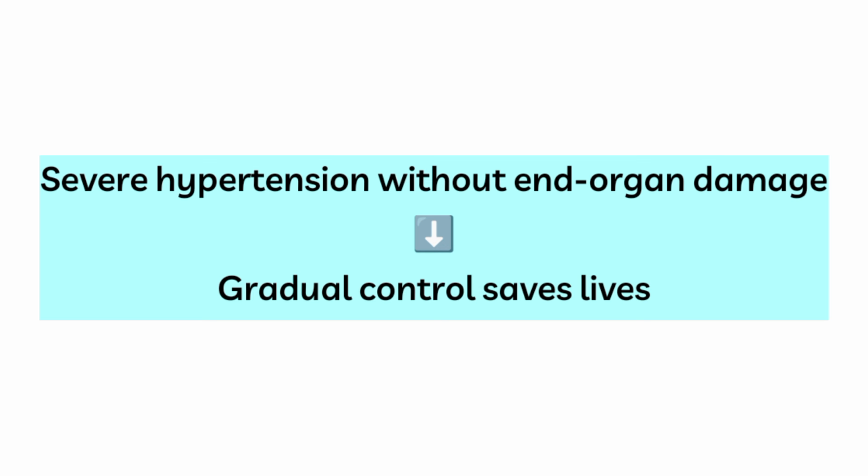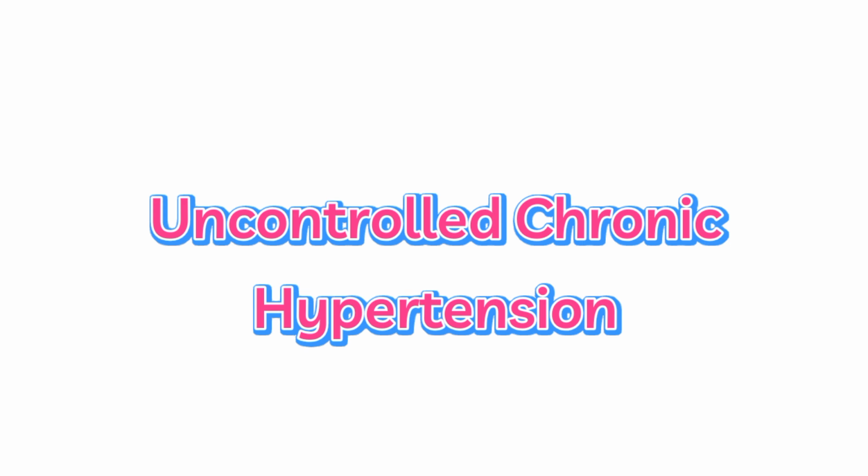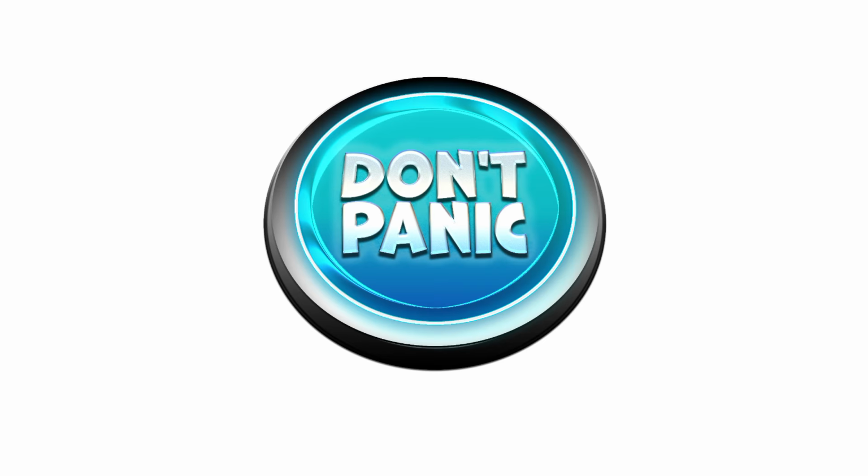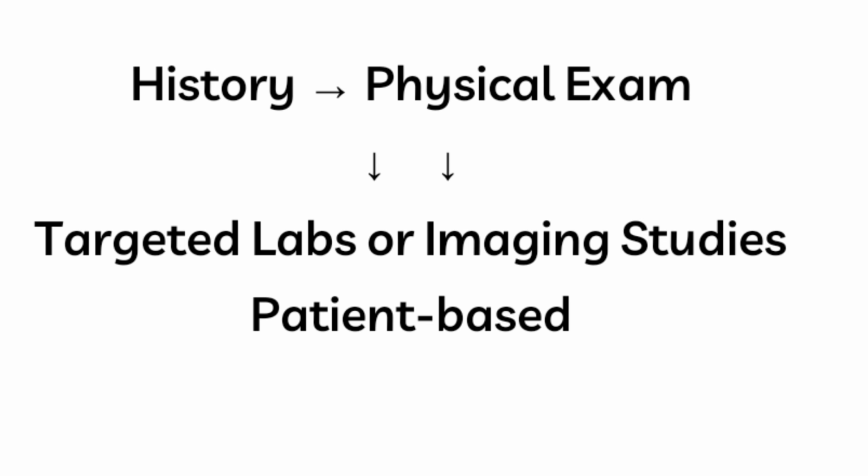And there you have it, the full picture of hypertensive urgency, which is a warning sign of uncontrolled chronic hypertension. No more panic, which leads to overtreatment. Confirm it first through history, physical exam, targeted laboratory tests and imaging studies based on patients' presentation.